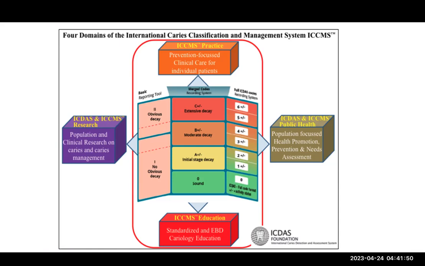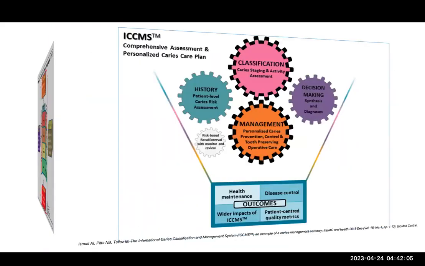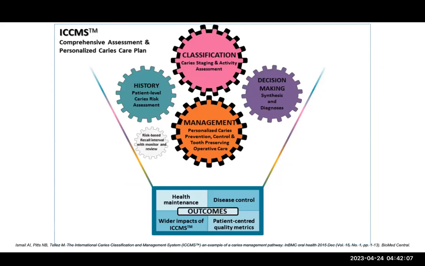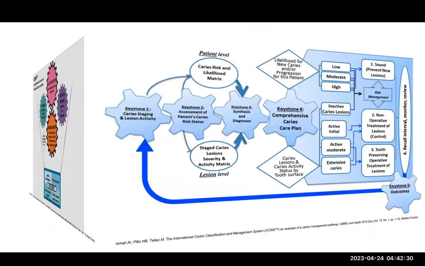So there's a basic reporting tool, then there's a merged codes recording system, and there's a full ICDAS caries scoring system. This is the education model, and then the comprehensive care plan includes the questions about history, the classification of dental caries, meaning staging and activity assessment, then the management based on personalized caries prevention, control, and tooth preserving operative care, and then finally synthesis and diagnosis.